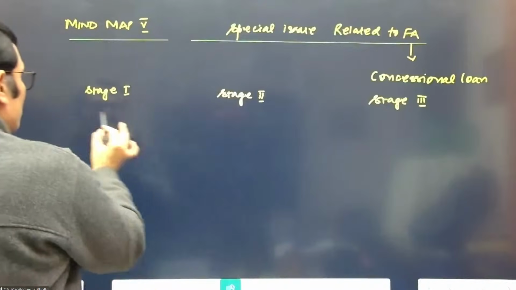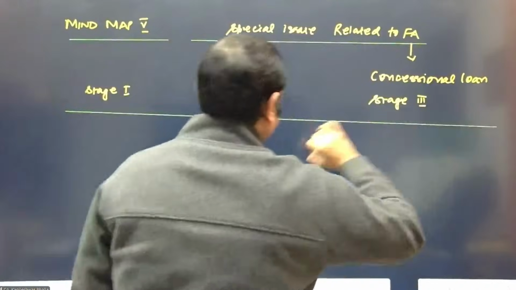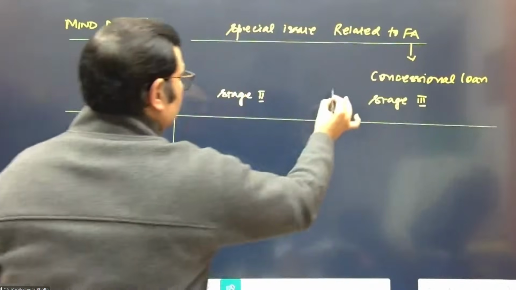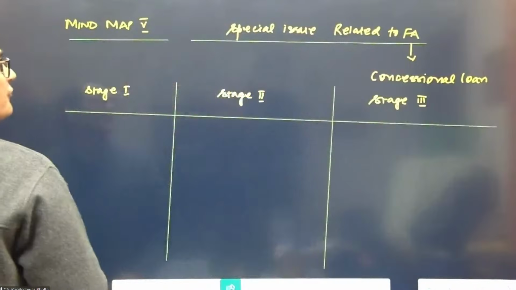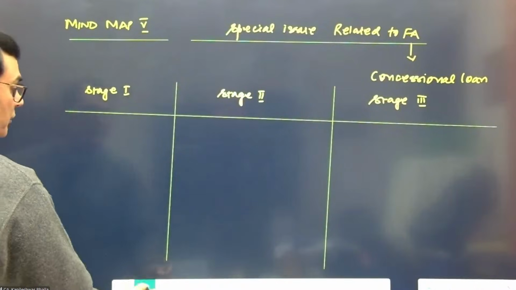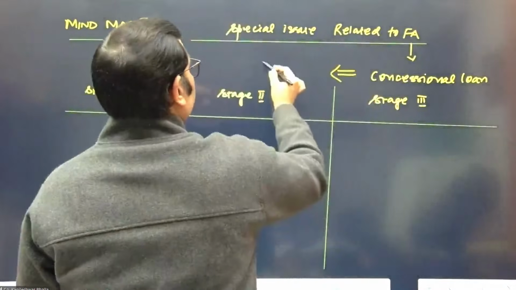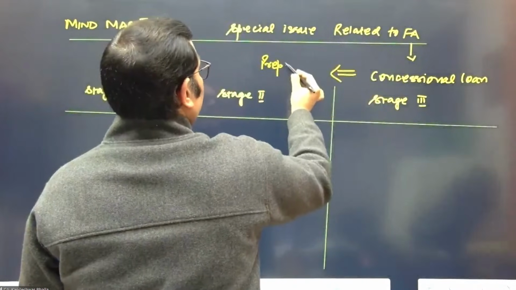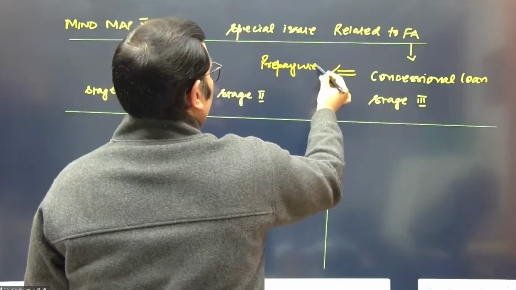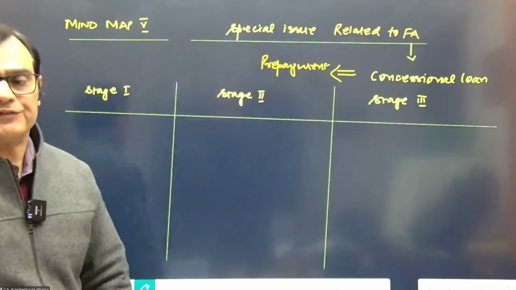So let's see how we are going to tackle this. Prepayment of a concession loan. So this is a concession loan, and what we're looking at is prepayment of this concession loan. How do we tackle this?